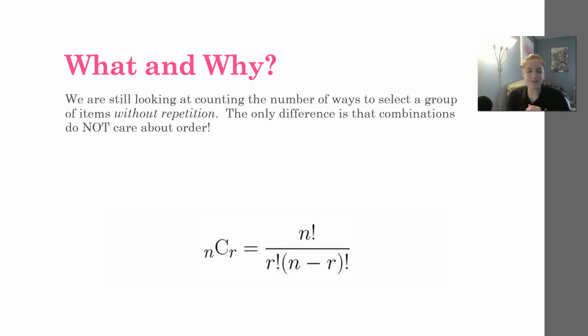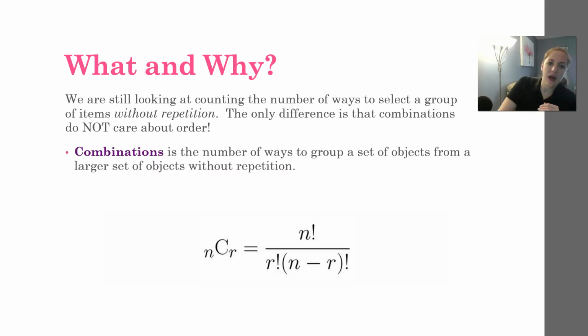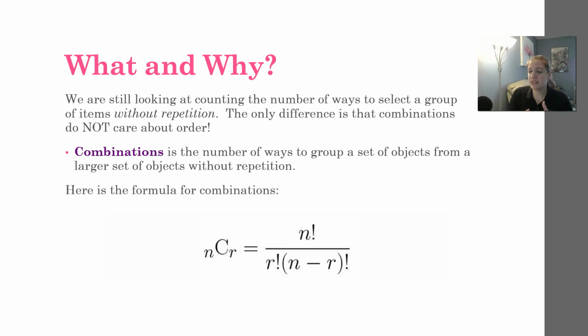Doesn't matter the order. So you're just picking a group of items from a larger group of items, and you can see here the formula. Again, it is intimidating, but I want to show you a shortcut way to use this formula so it's less intimidating. We're going to use that shortcut we used in the permutations video.